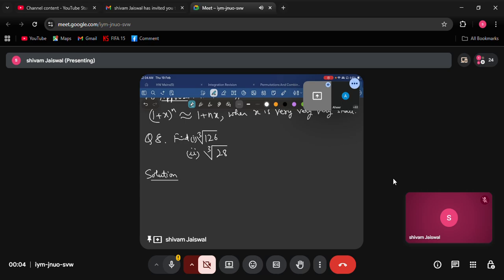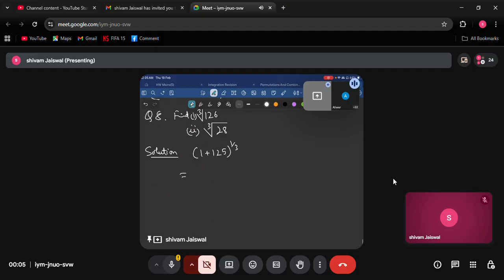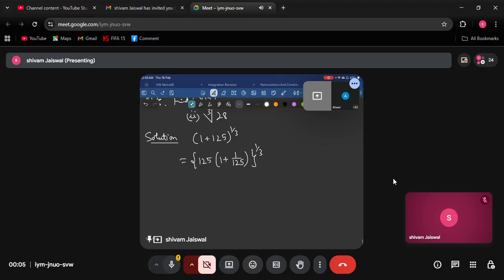What you do is, you write down 125 plus 1 whole to the power 1 by 3. When you take 125 common within brackets, you are going to get 1 plus 1 by 125. Now see, x is very small, smaller than the previous one. So this can be helpful for better approximation.